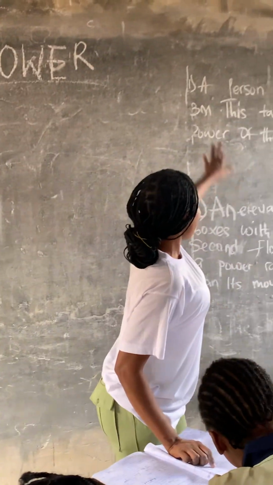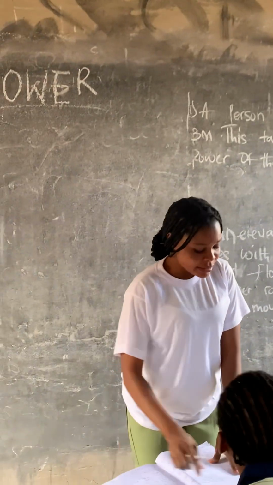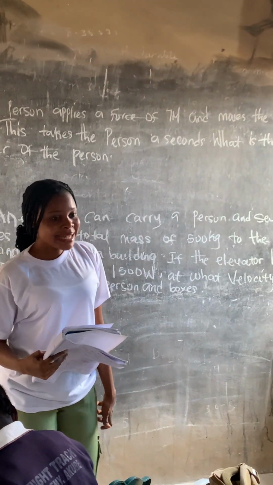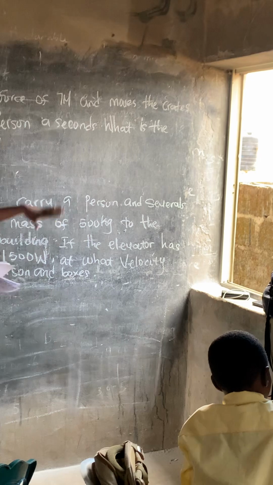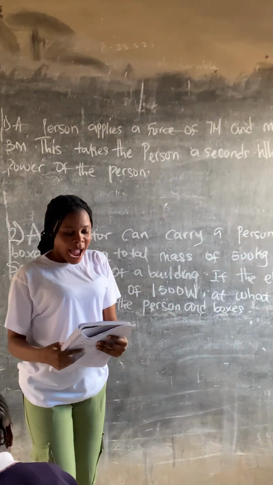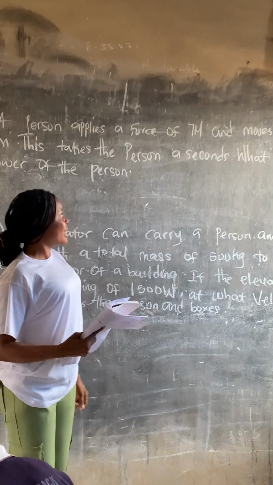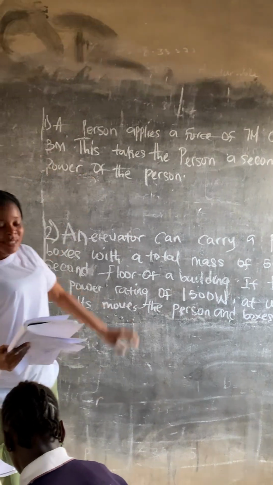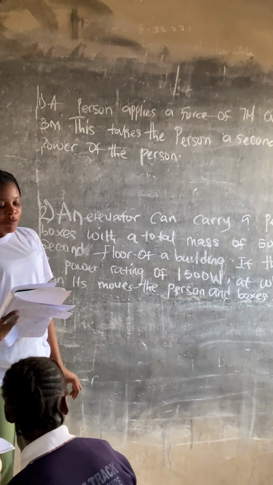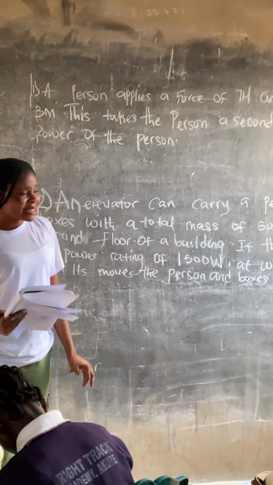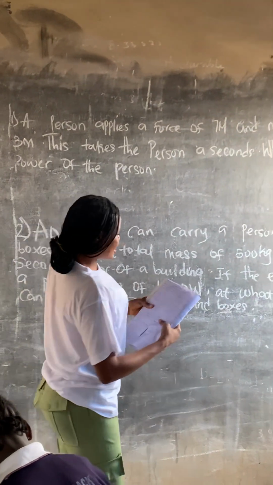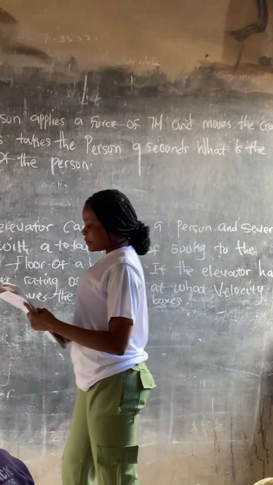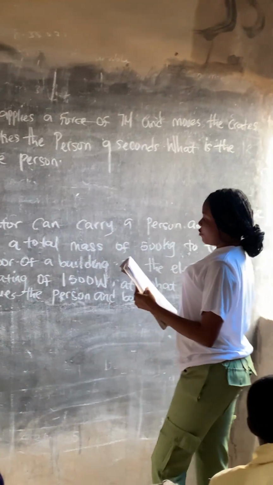A person applies a force of 7 newtons and moves the grate 3 meters. This takes the person 9 seconds.